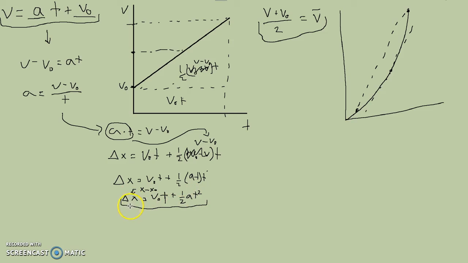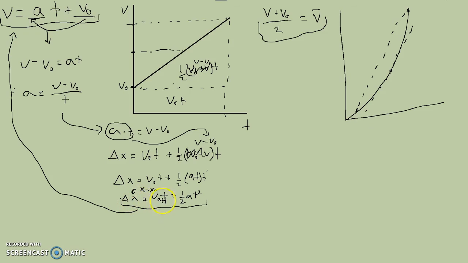Okay, before we continue, what happens if you were to take the derivative of this function? You should end up back right here, except with maybe the v naught in the front.